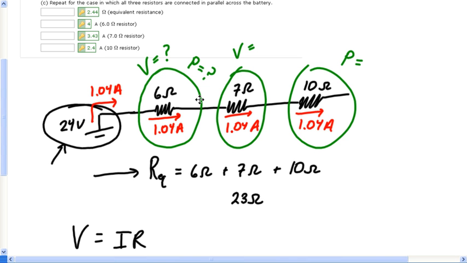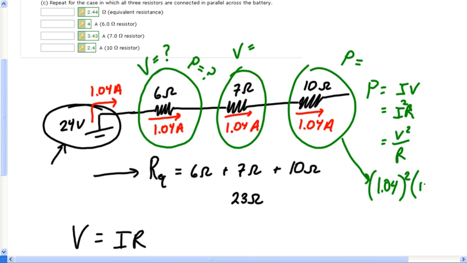And again, if it did want me to find power, my equations for power are IV, I squared R, or V squared over R, which in this case I would probably go with I squared R. All you'd have to do is 1.04 squared times 10. And let's face it, that's basically going to be 10 watts. 10.1 watts, or 10.2 watts maybe.